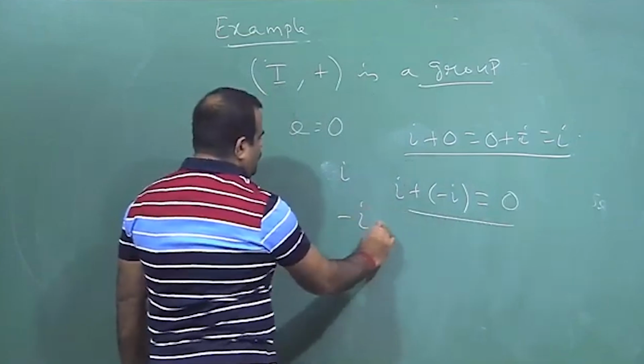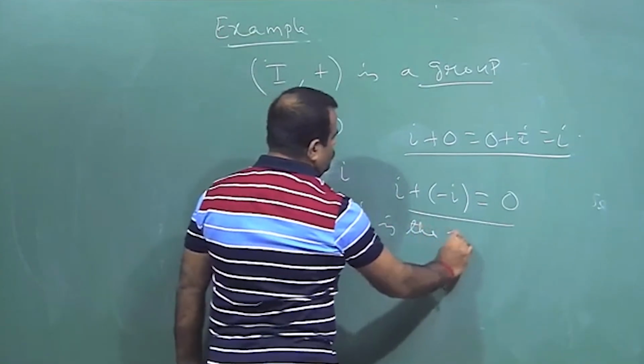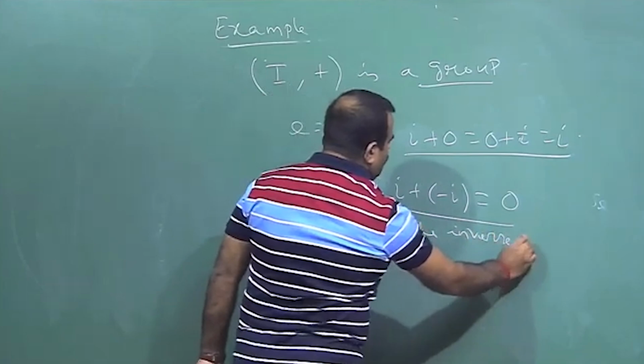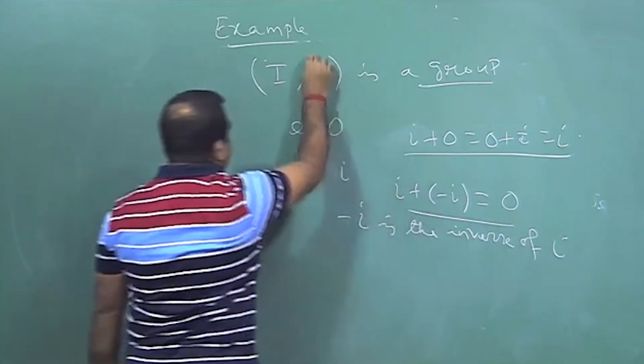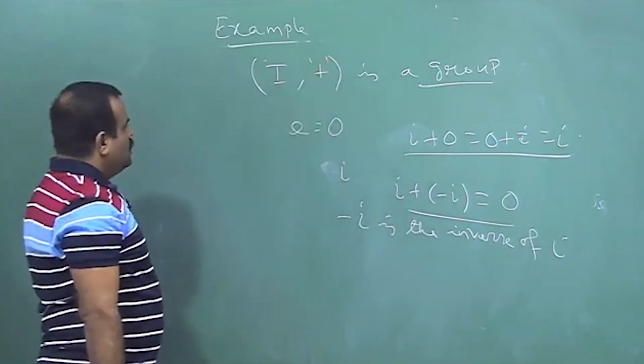So, minus I is the inverse of I under this addition operation. So, this is a group.